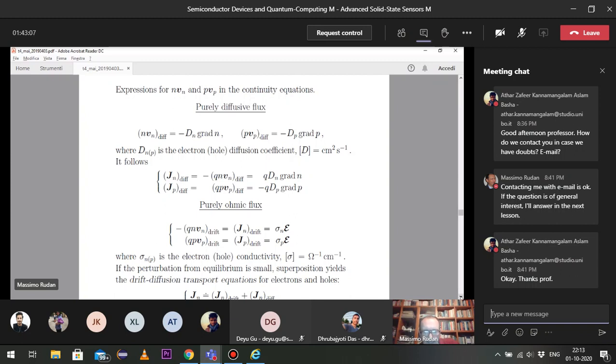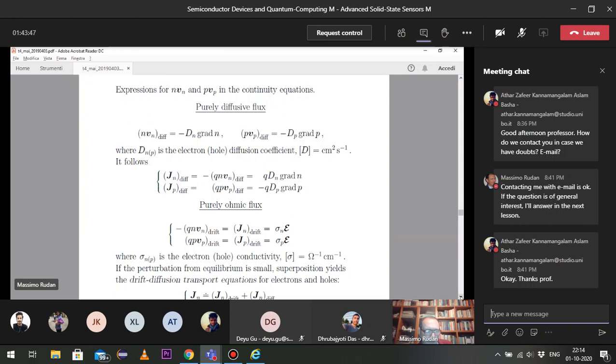Now, assume that the non-equilibrium situation that we are considering is not too far from equilibrium. Okay. And also assume that the two phenomena, that is the diffusion due to the non-uniformity of the concentrations and the drift due to the presence of the electric field, occur together in the material. Okay?